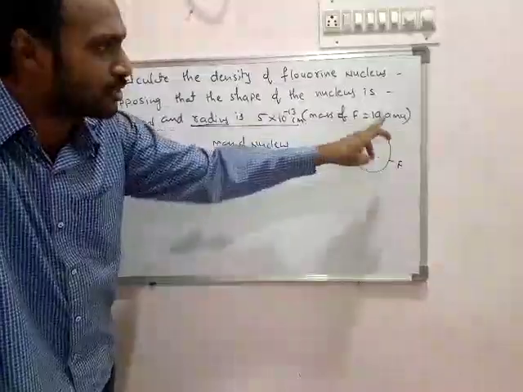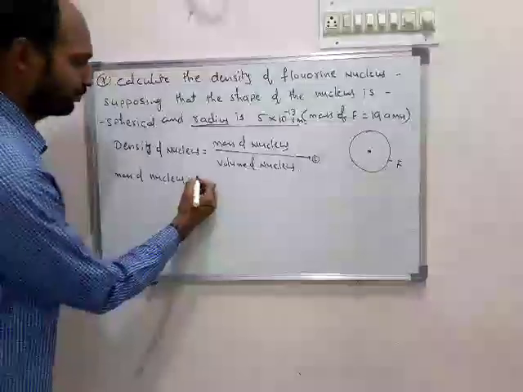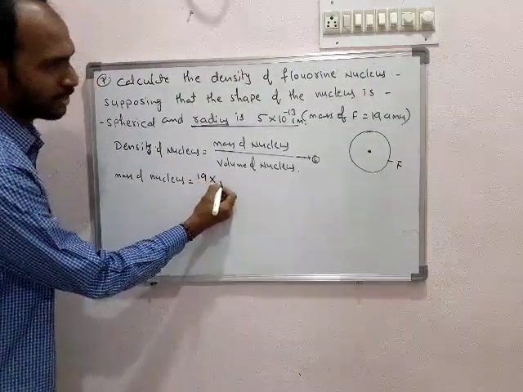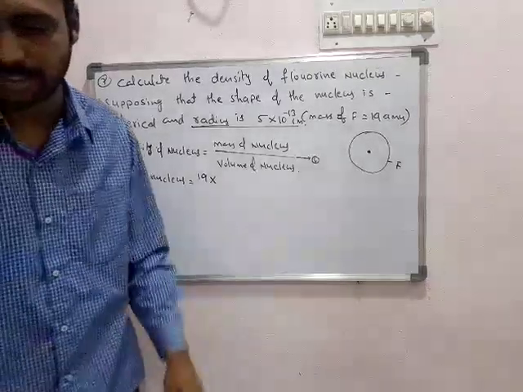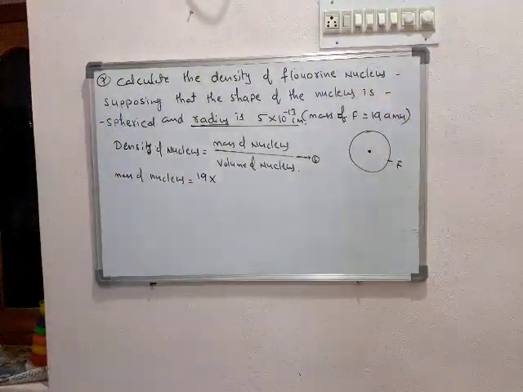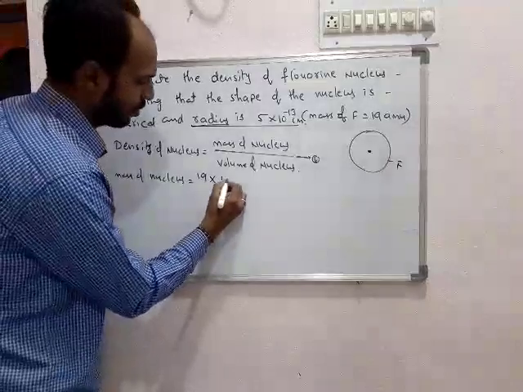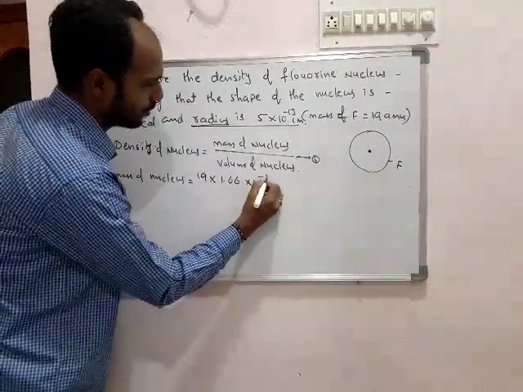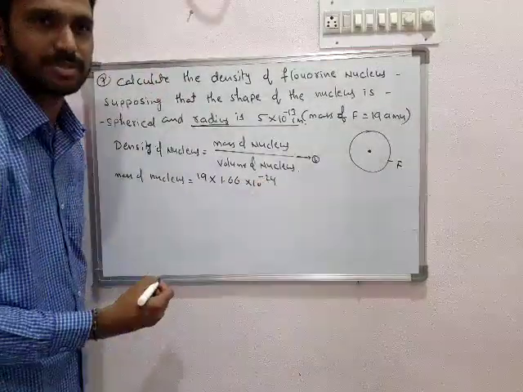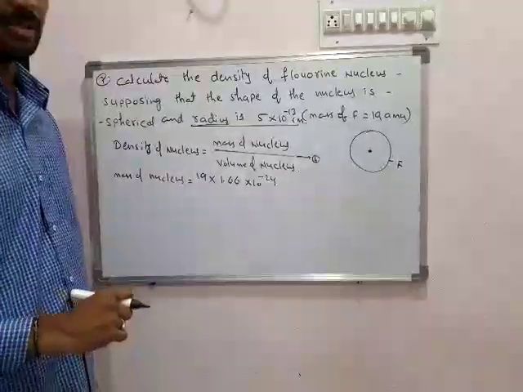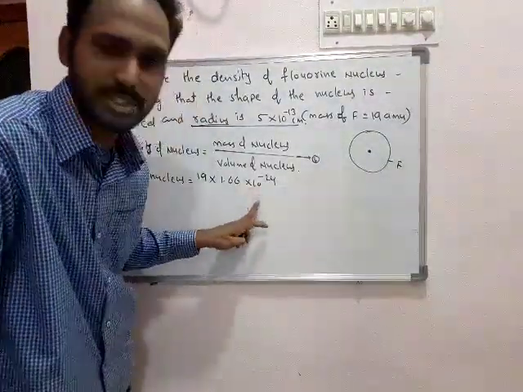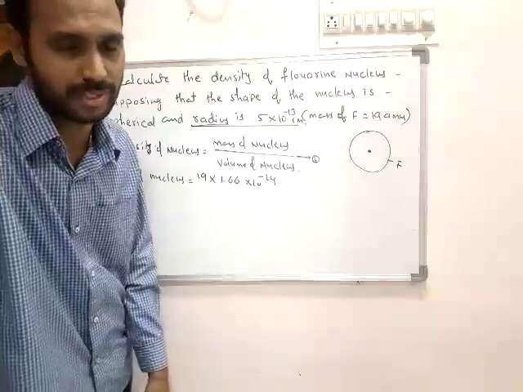So convert the AMU into grams. That is 19 into, we know that 1 AMU is equal to 1.66 into 10 power minus 24 grams. Okay.